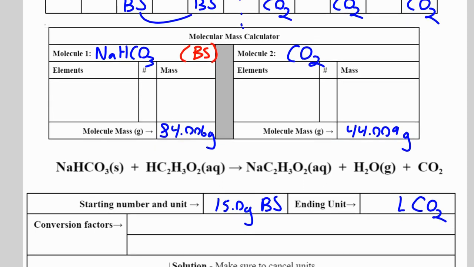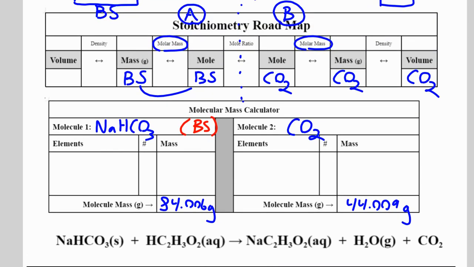So that is going to be 84.006 grams of baking soda is equal to 1 mole of baking soda. So that's my first conversion factor. And again, that gets me from mass to moles of baking soda.